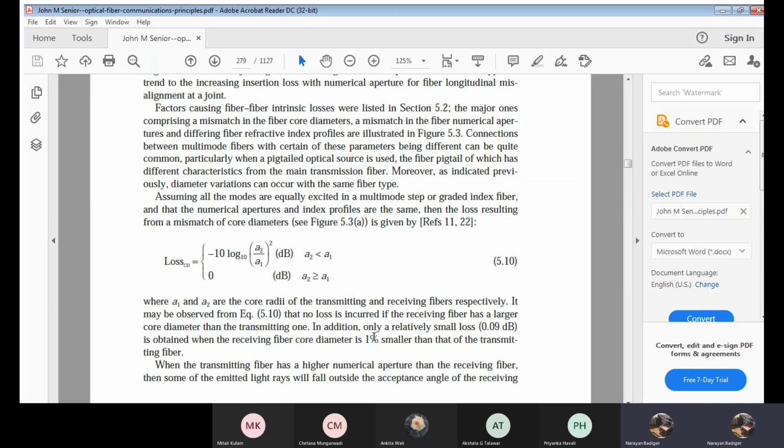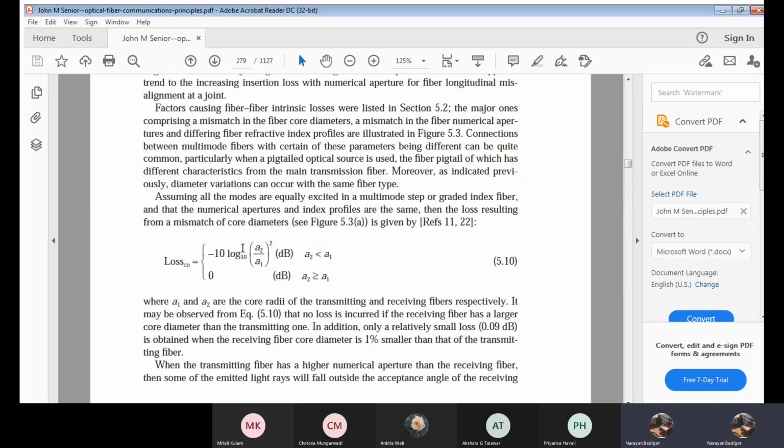Based on those two radii, we have a certain equation for the loss. If the radius of the transmitting fiber is more than the radius of the receiving fiber, then the loss is minus 10 into log of (A2 by A1) whole square.